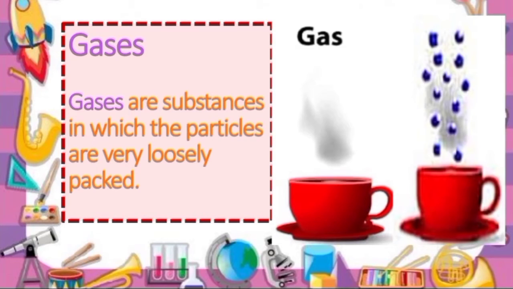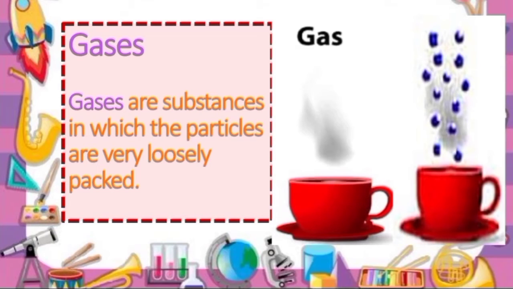Air is actually a mixture of gases such as oxygen, nitrogen, and carbon dioxide. In gases, particles are far apart from each other. The force of attraction between the particles is negligible and they can move freely.